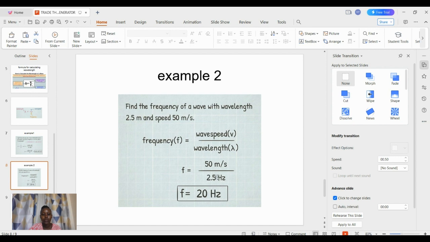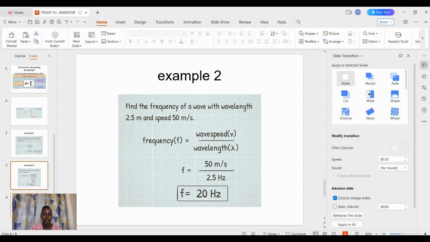So our frequency will be given by, if you multiply by 10 here to remove the decimal, then multiply again here by 10, we shall have 500 divided by 25. Dividing both by 5, we shall have 100 divided by 5, which will go 20 times, and therefore our frequency will be equal to 20 hertz.